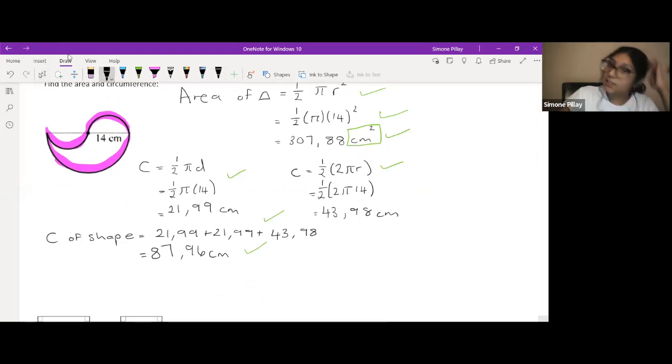There's actually two formulas to calculate circumference, but they mean the same thing. You can say that your circumference is equal to pi times your diameter, or you can say that your circumference is equal to 2 pi r. What does this mean? Do you guys agree that my diameter is equal to 2 times my radius? So if I have my diameter, I can divide my diameter by 2 and then I get my radius.